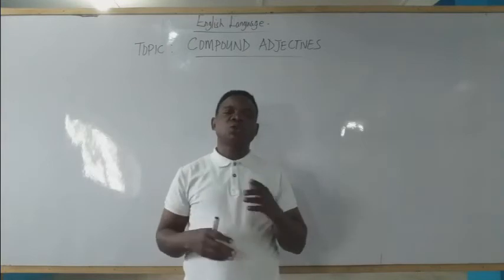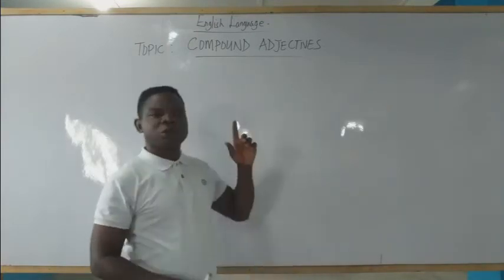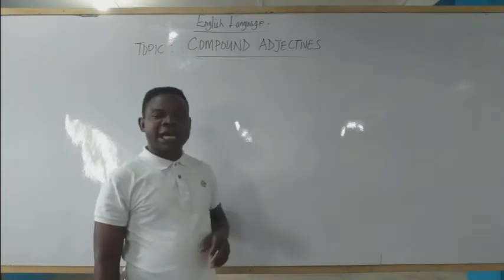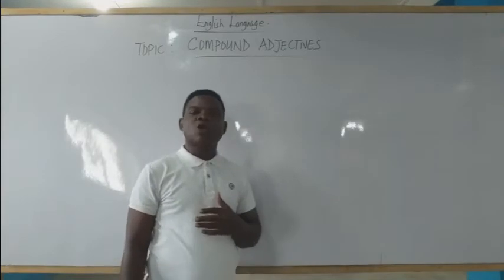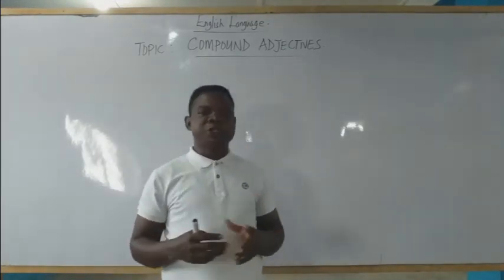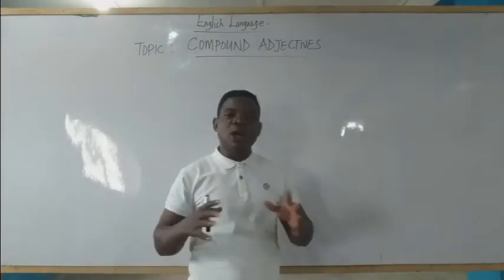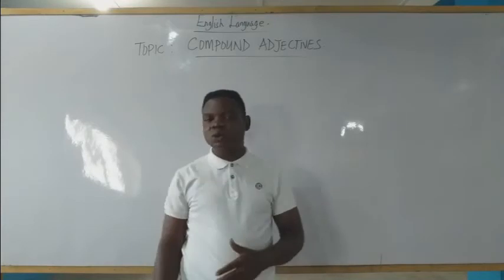I want to take us through this topic in English called compound adjectives. Yes, compound adjectives. That's our topic for today. What are compound adjectives? Of course, we all know that in English, adjectives generally are words which are used to modify or qualify nouns.